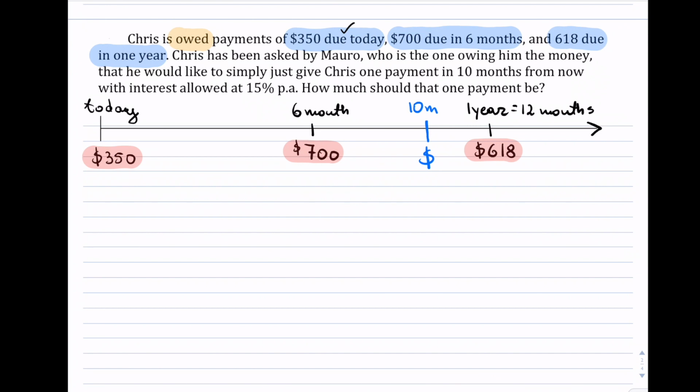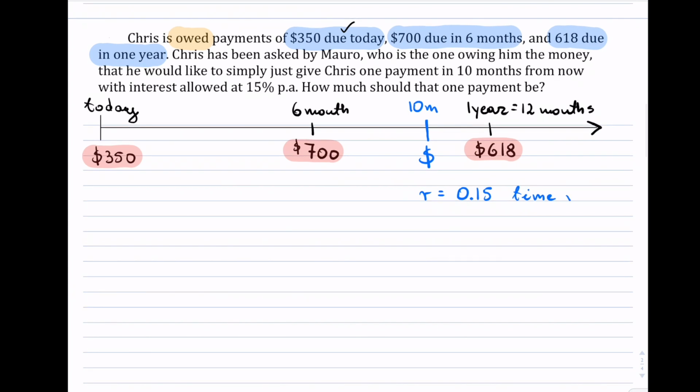So he's saying that he wants to make this payment at a rate of 15%. So the time value of money is this 15%.